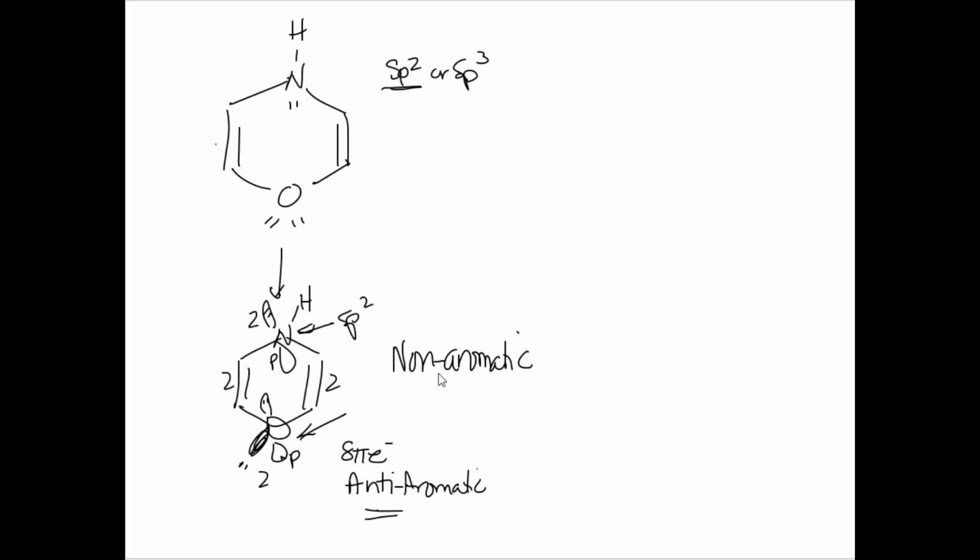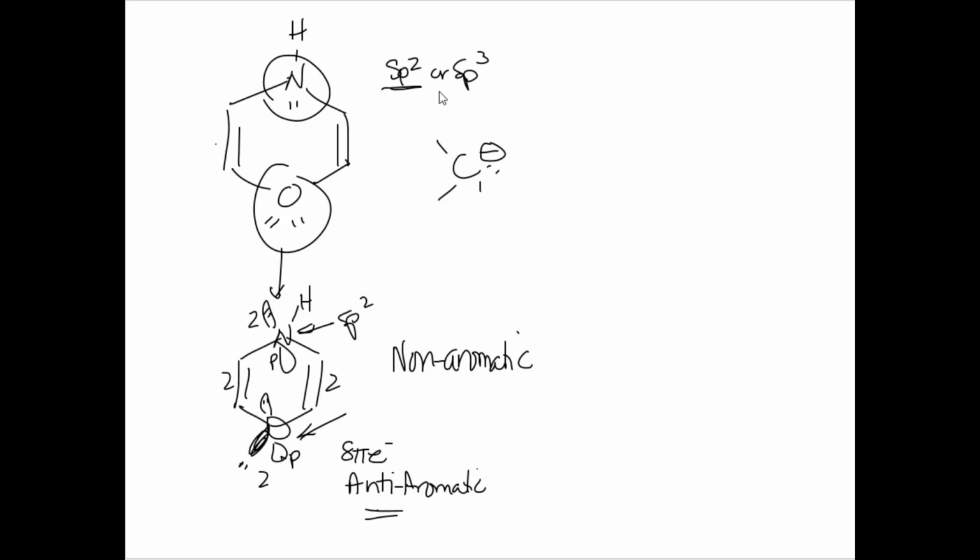Okay? So when you're looking at problems, when you're trying to determine aromatic, non-aromatic, and anti-aromatic, you have to see if all the ring atoms are sp2 hybridized, and if they are, then count up the number of pi electrons. For atoms like oxygen, nitrogen, a C minus, which means that C has a lone pair on it, then 3 bonds and a lone pair, those could choose to be sp2 or sp3.